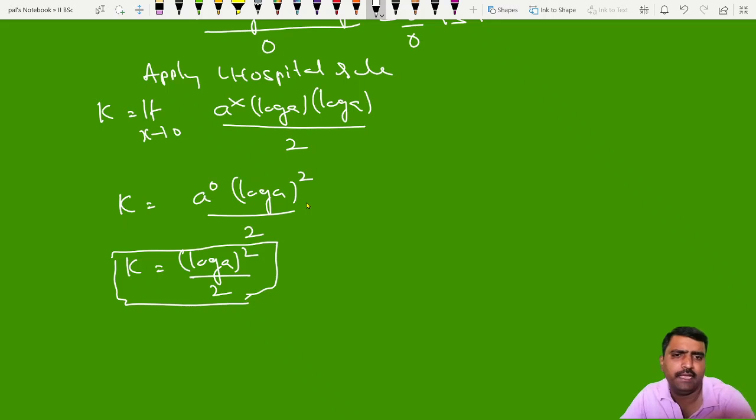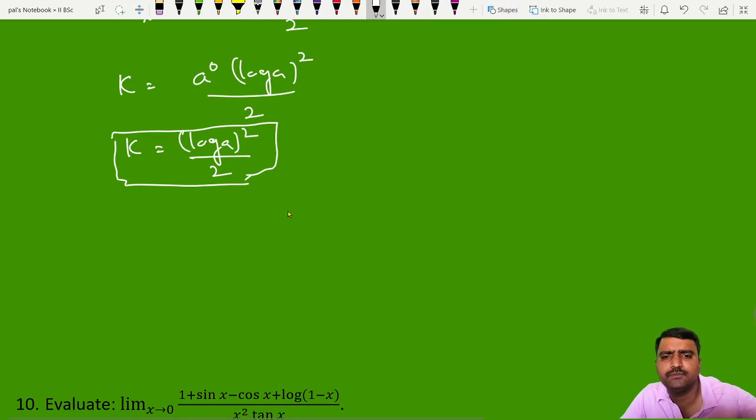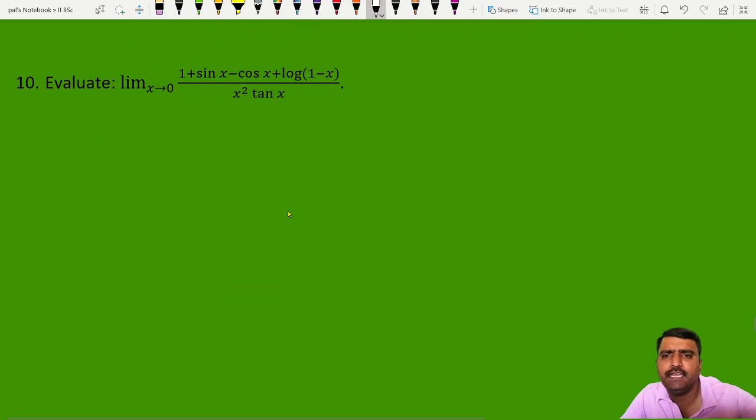Okay, again you take one more example. Evaluate limit x tends to 0, (1 plus sin x minus cos x plus log of 1 minus x) by x square into tan x.